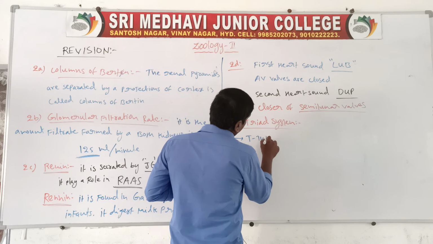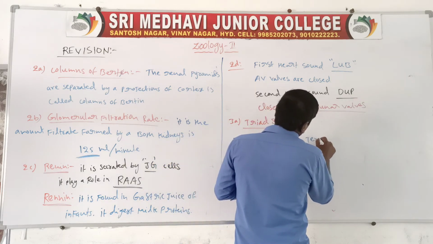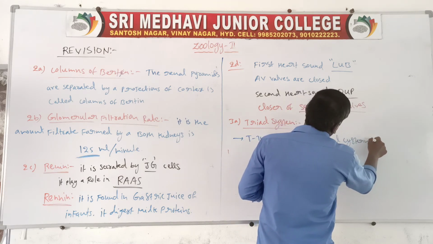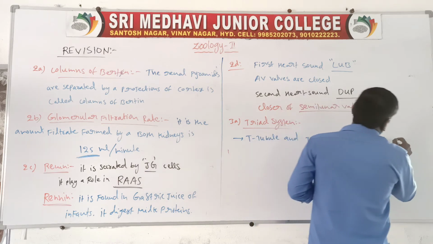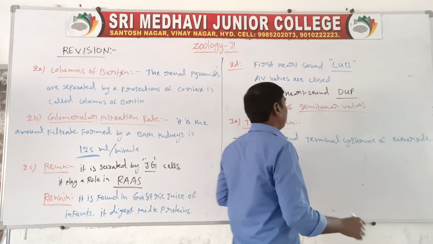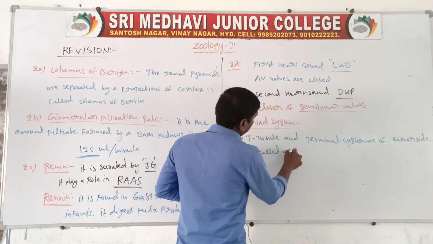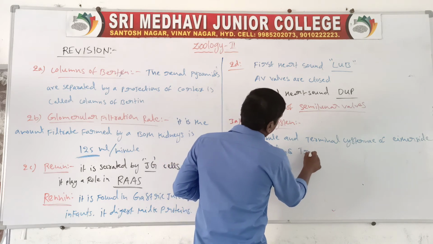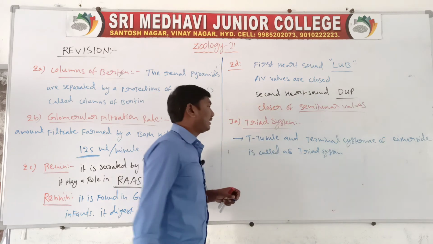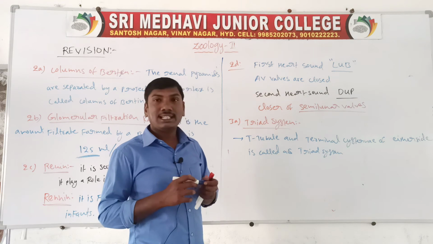The T tubule with terminal cisternae on either side is called the triad system. Triad system means a T tubule with a terminal cisterna on either side.